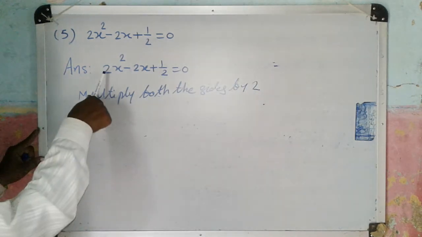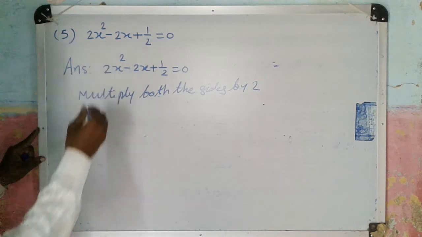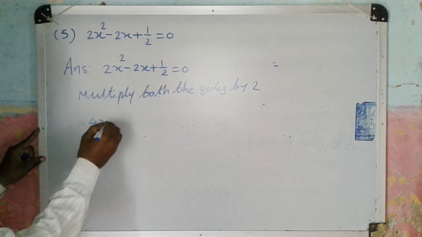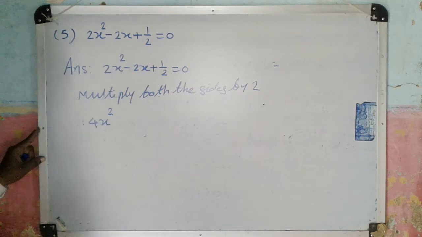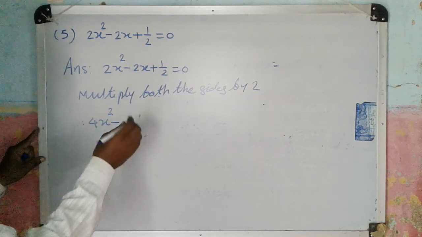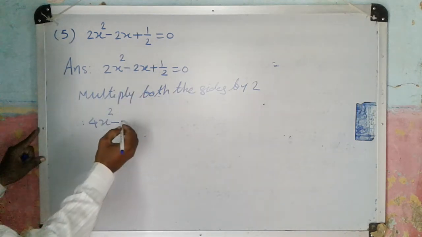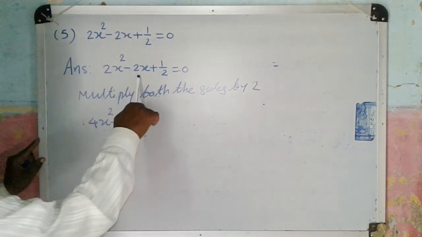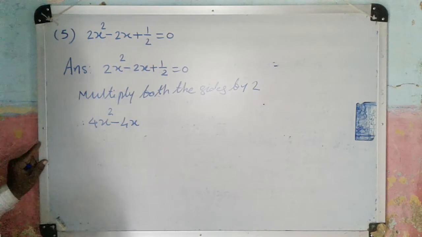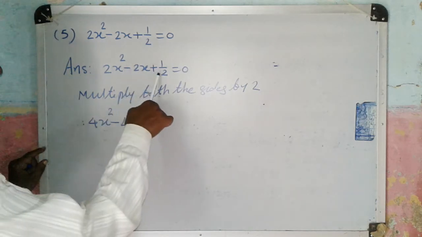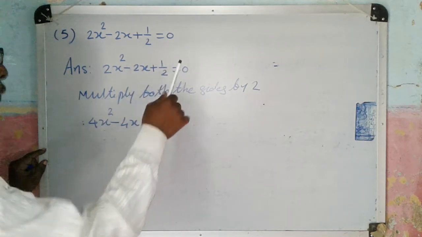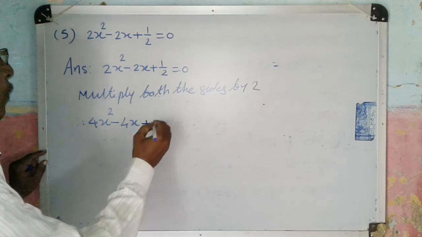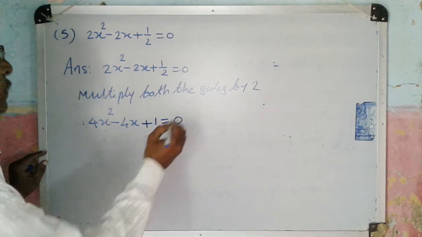So after multiplying by 2 we get 2 into 2x square, 4x square, minus 2 into 2x, minus 4x, and 1 half into 2 we get 1, is equal to 0.